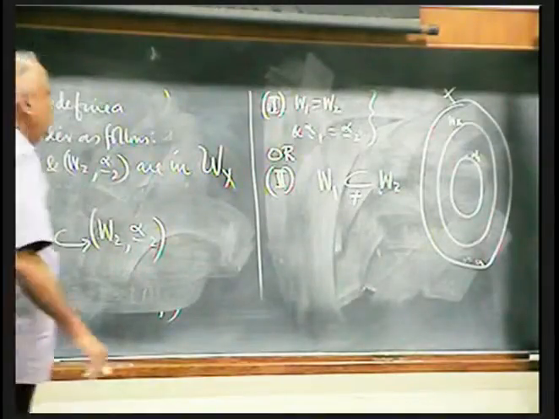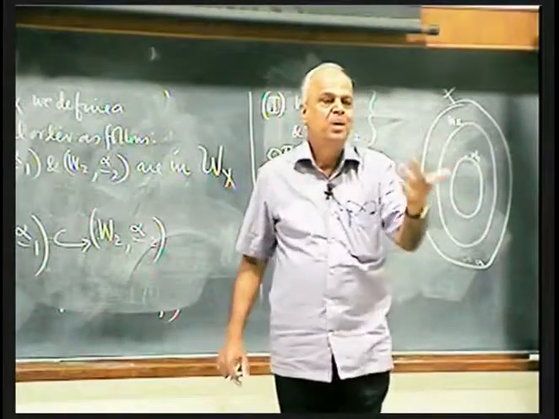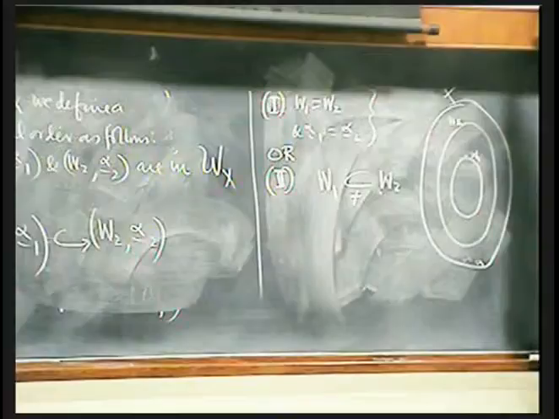This fellow W1 must be an initial segment in W2. But be careful, what do I mean by W1 must be an initial segment? W1 is thought of as a subset of W2, and I have to apply W2's partial order to W1, because W1 is also a part of W2, so that partial order will apply to it, and in that partial order, it must be an initial segment of W2.